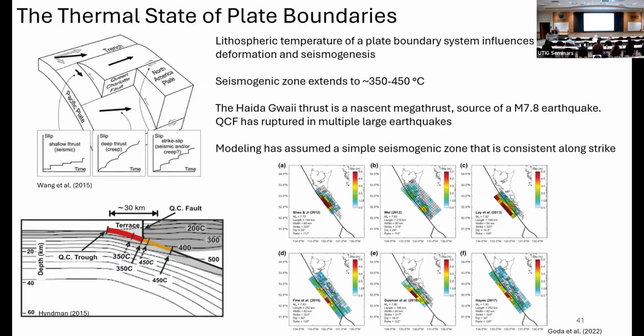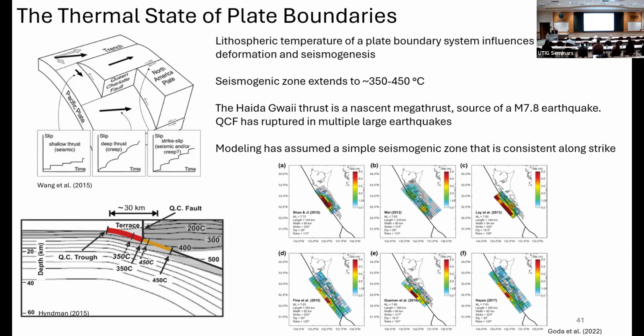Generally, we think of the seismogenic zone extending to 350 or 400 degrees C. And this has been somewhat quantified with previous thermal modeling of the region, assuming the Haida Gwaii thrust is a very basic fault plane, where the deepest extent of the seismogenic zone could maybe reach 20 to 25 kilometers in depth.